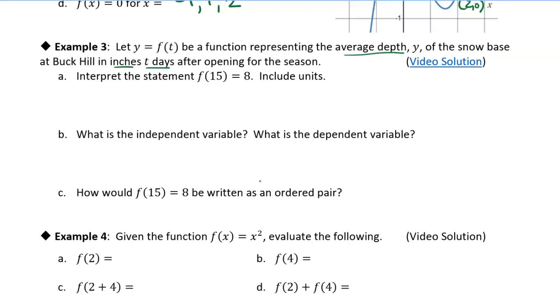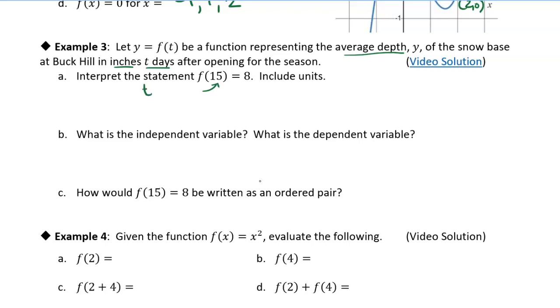All right, what does that mean? f of 15 equals 8. Okay, so remember that the function represents the snow base, and the input is days, right? So this is the input. So this is t.